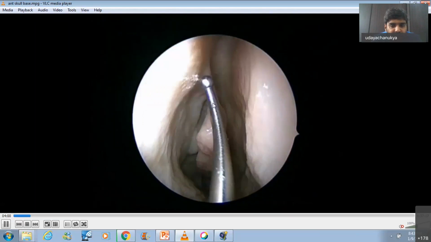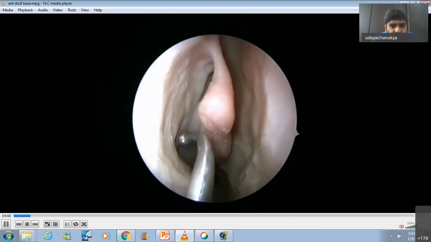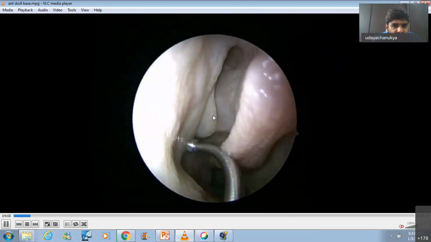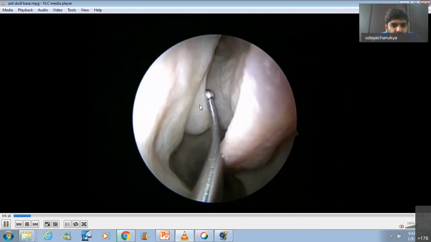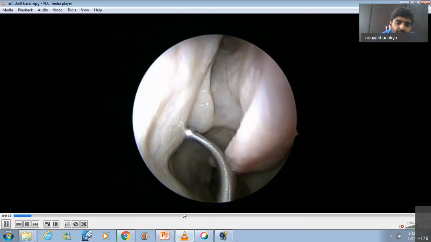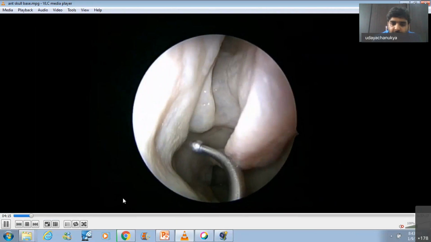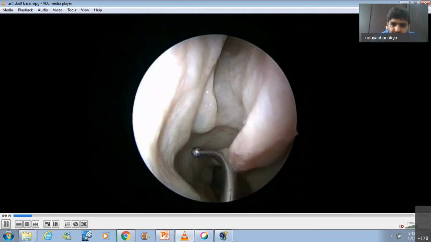And medial to the middle turbinate, this is the axilla of the middle turbinate. This is the uncinate process, and this is the bulla ethmoidalis, and this is the middle turbinate. See, if we remember, the first part of the middle turbinate is in the sagittal plane.